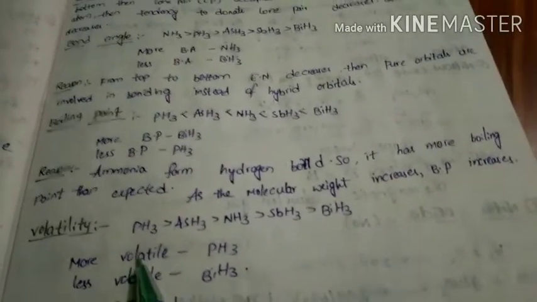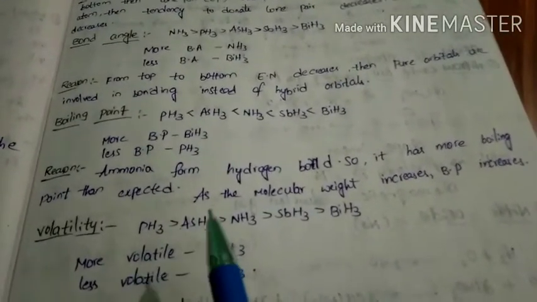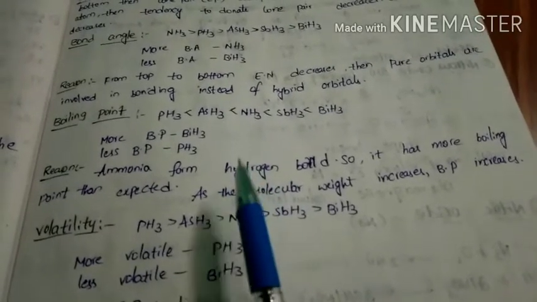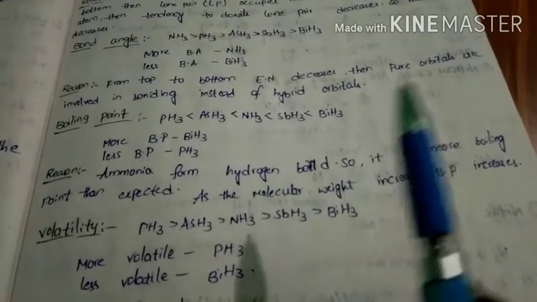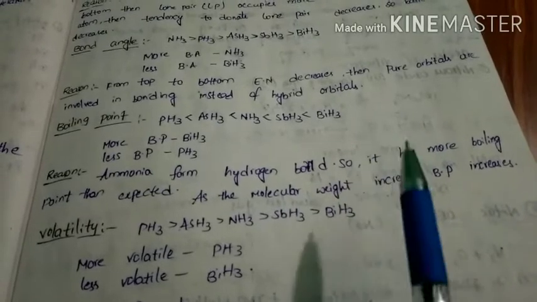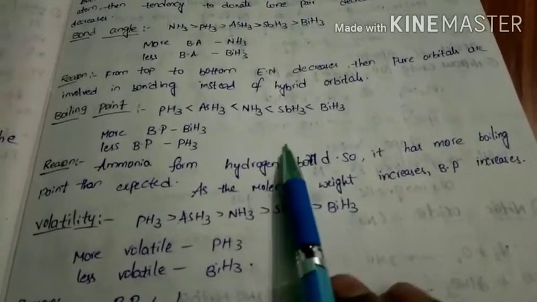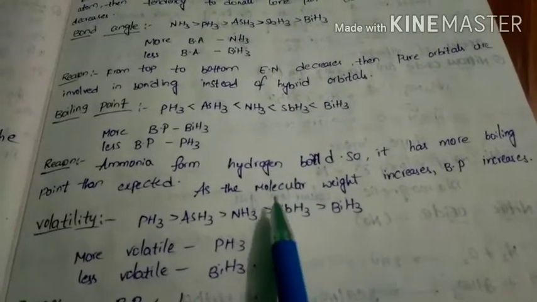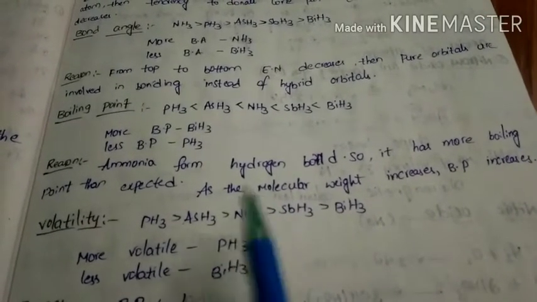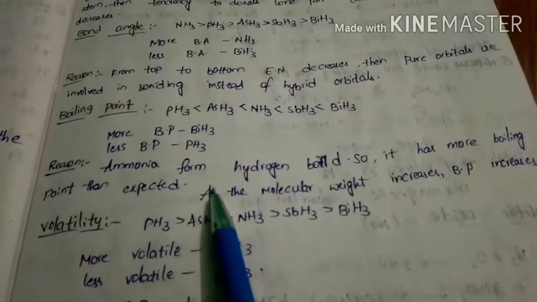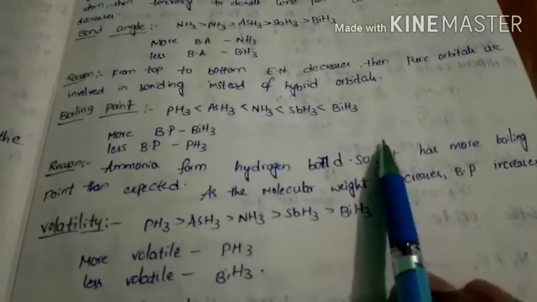Next, boiling point. Every time, remember one point: boiling point depends on two factors. One is molecular weight and one more is hydrogen bond. If molecular weight increases, boiling point also increases.